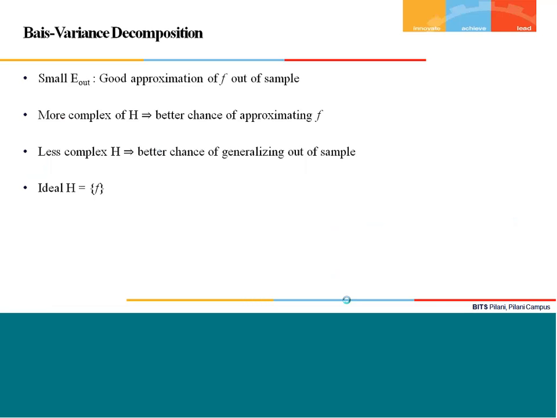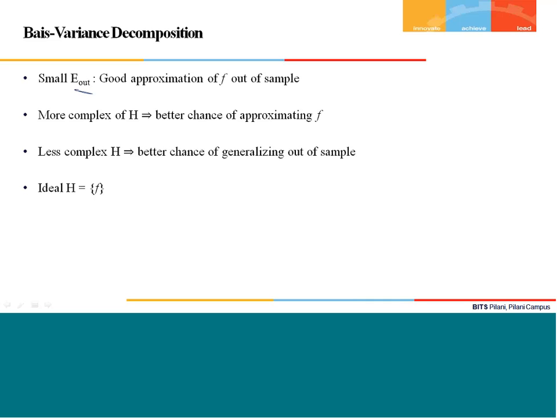Our main motive when we learn the true function is that the approximation out of sample, meaning the prediction on unseen data, should have a very small error. E out means the error for those variables which were not used in training. Our motive is to make that error less when we are approximating some function using some data, right?